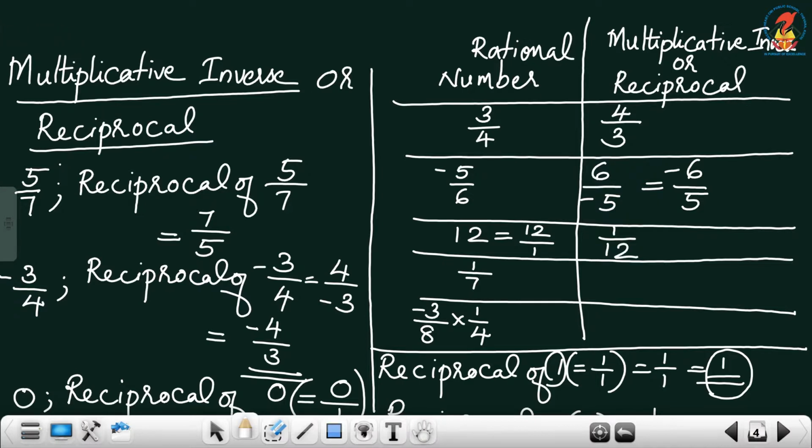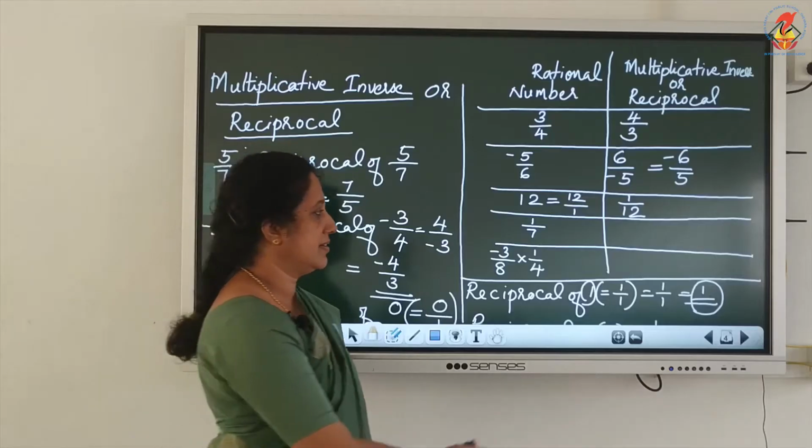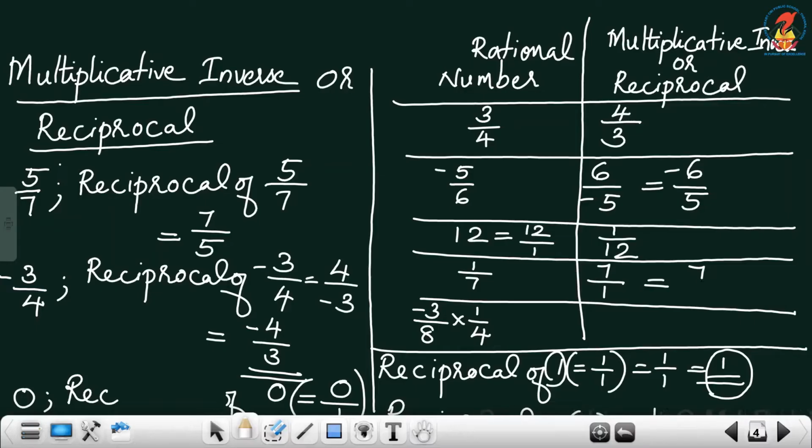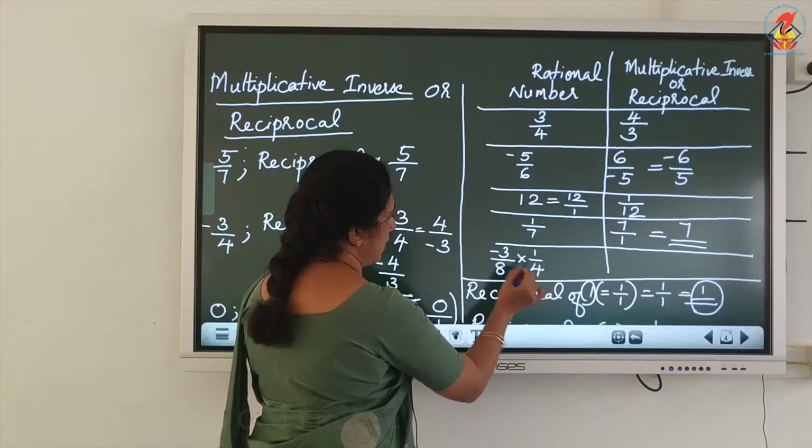Then 1 by 7 is given. What is the reciprocal of 1 by 7? It is 7 by 1. What is 7 by 1? 7 by 1 is 7 itself. Now next, a product is given: negative 3 by 8 into 1 by 4.